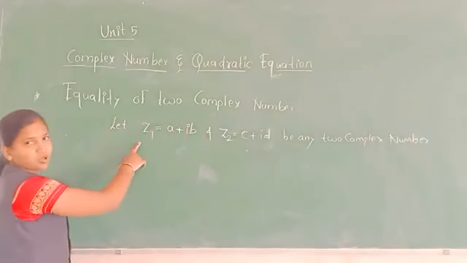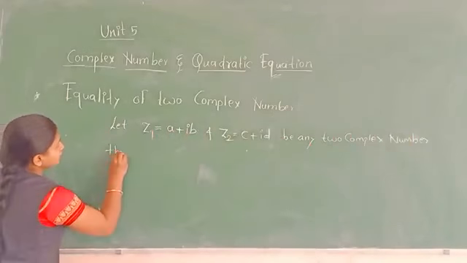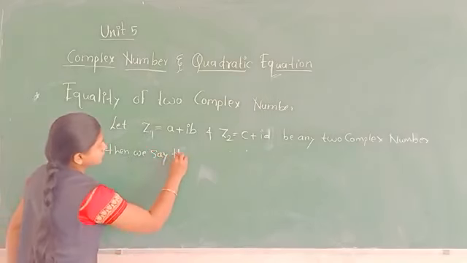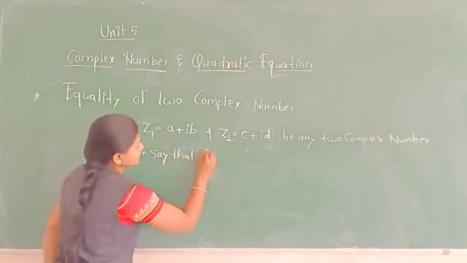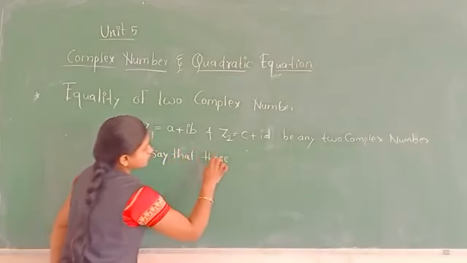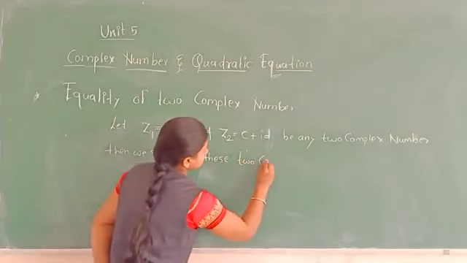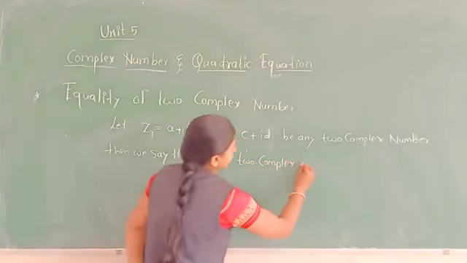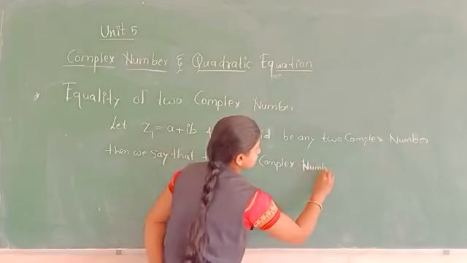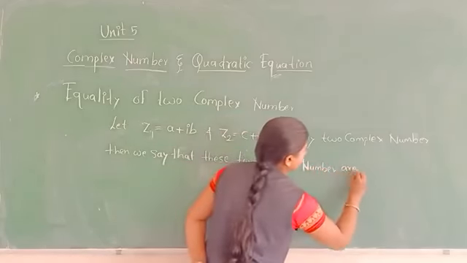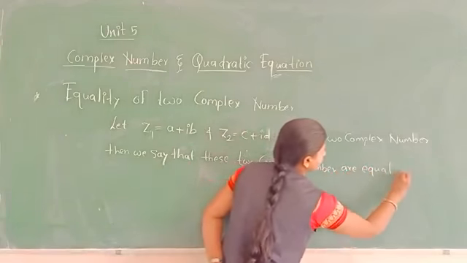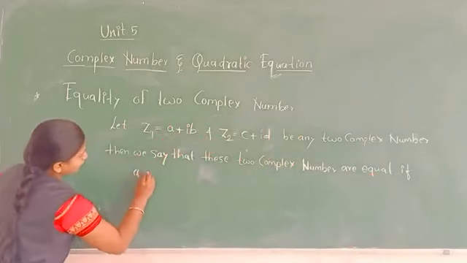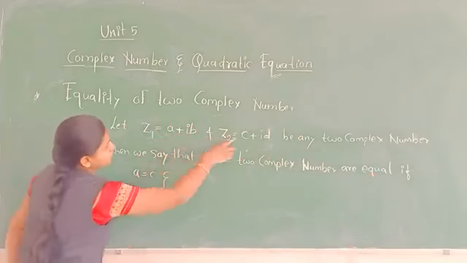So we take the two complex numbers. Then we say that these two complex numbers are equal if a is equal to c and b is equal to d.